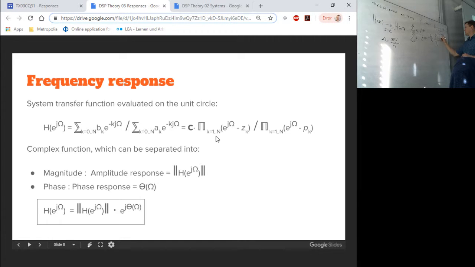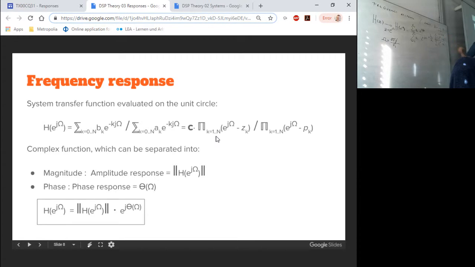So you have e to j omega minus zk and e to j omega minus pk. Okay, that's the polynomial. Remember the transfer function, that's the z. This is just the difference between two points in the z-plane.